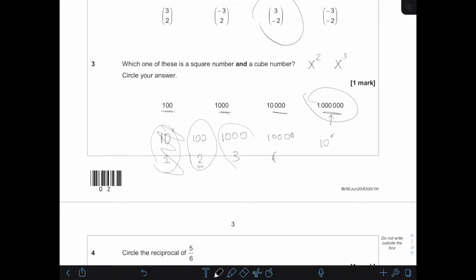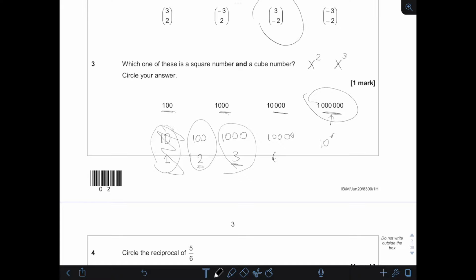Whereas 1000 does have an index of 3, but does not have the index of 2, because 2 and 3 are coprime, and hence you can't have it as both a square and a cube, which means that you need at least 10 to the power 6 to fulfil that.